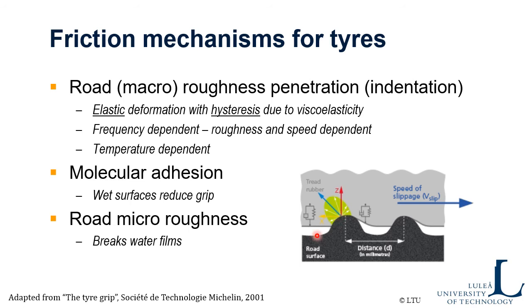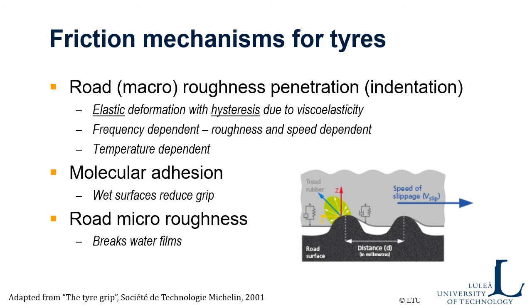And this is, of course, a very simplified picture of the road surface, and there is actually roughness on the road here. So the micro roughness will actually break through the water films if there are any, and that will create some extra friction actually. So that's good.